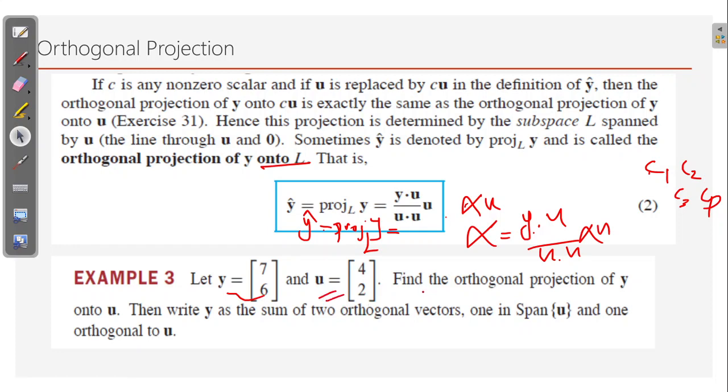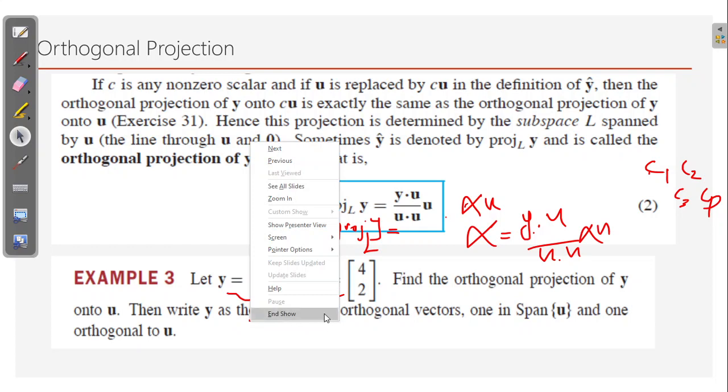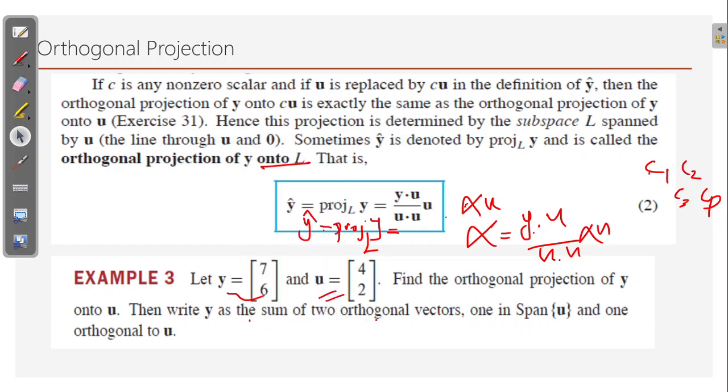Then the examiner is asking to find the orthogonal projection of y onto u, and he is also asking how to write y as the sum of two orthogonal vectors, one in span u and one orthogonal to u.